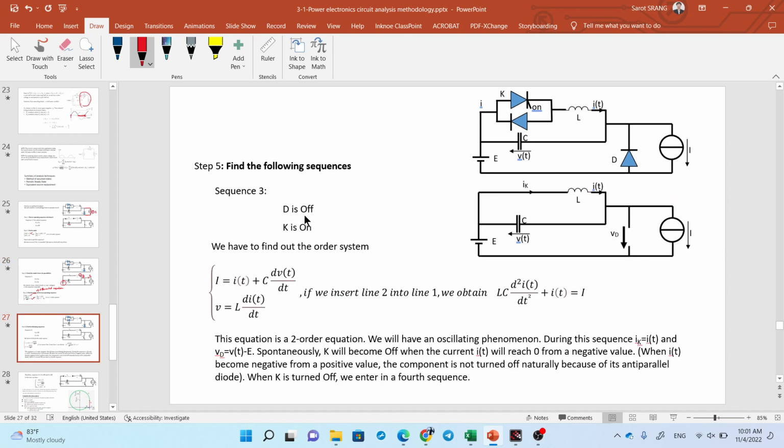So now we analyze the sequence where D is off. So here is an open circuit, K is still on, so here is still on. And let's derive the differential equation.